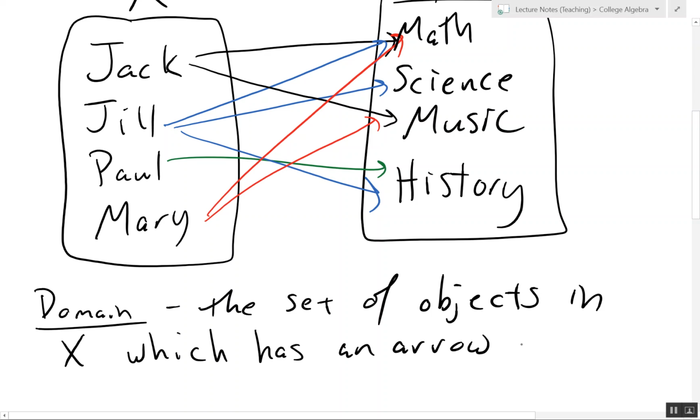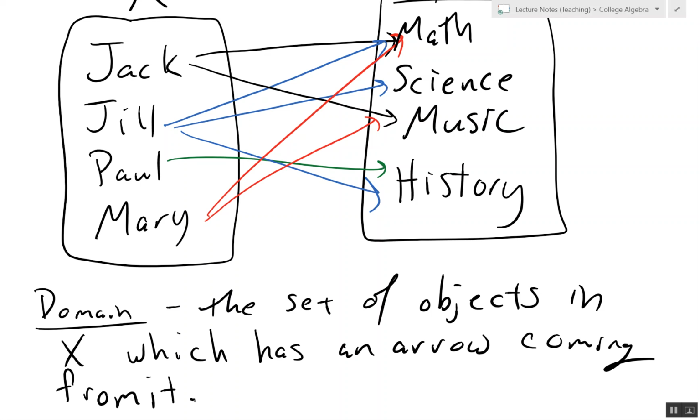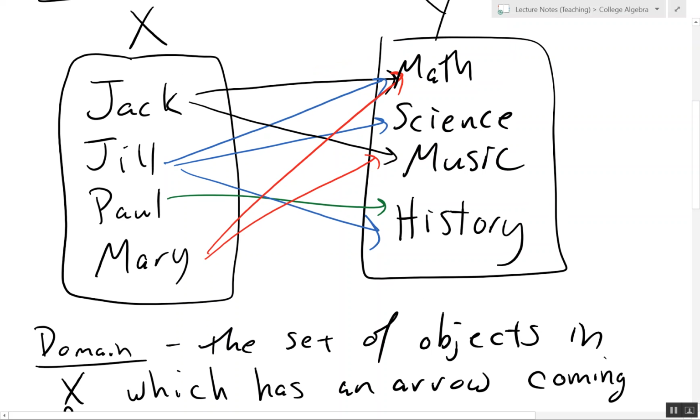I know my handwriting, I'm sure, will get better as we write on the screen. The set of objects in X which has an arrow coming from it. So let me write that. And so notice that everything in X, Jack, Jill, Paul, and Mary, all have arrows coming from it.